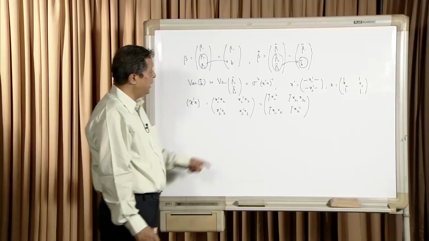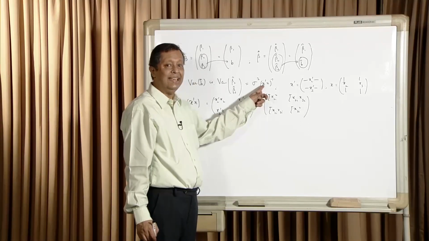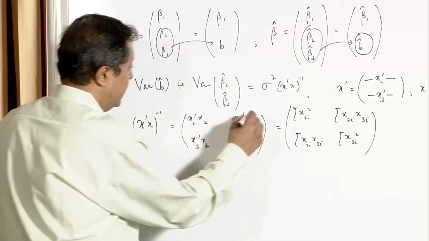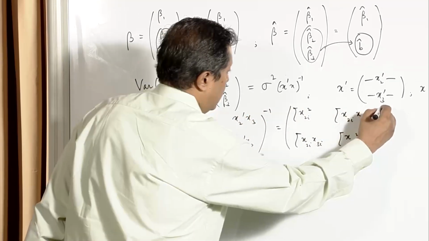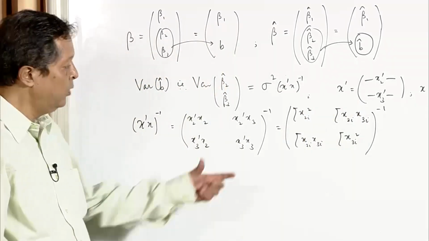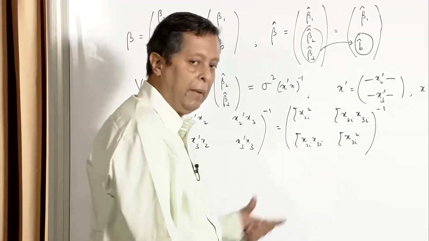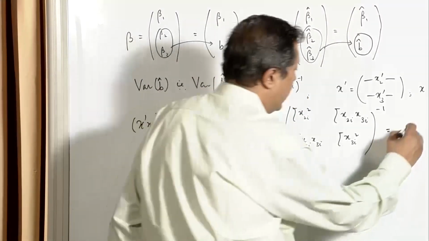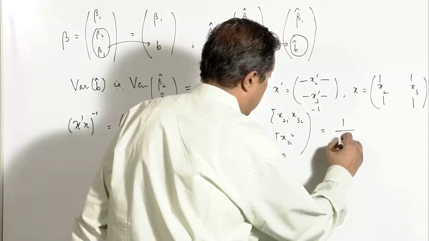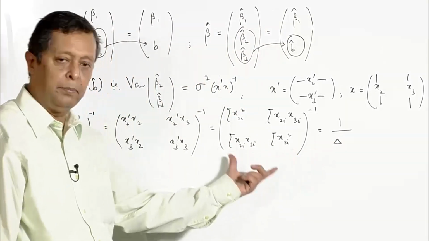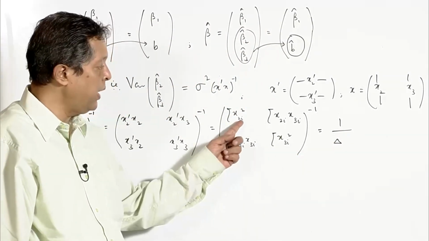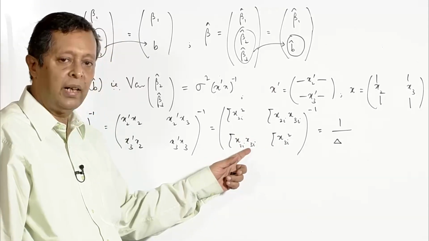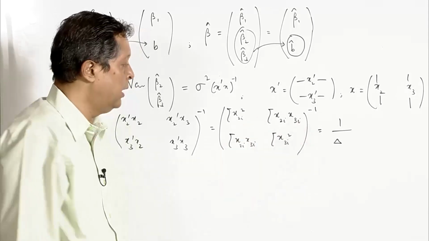What we need to evaluate is (x prime x) inverse. So, let us put the inverse sign, and we know by the properties of matrix algebra that this will be equal to 1 upon delta, that is the determinant of this, summation x2i square times summation x3i square minus summation x2i x3i whole square. That is delta.